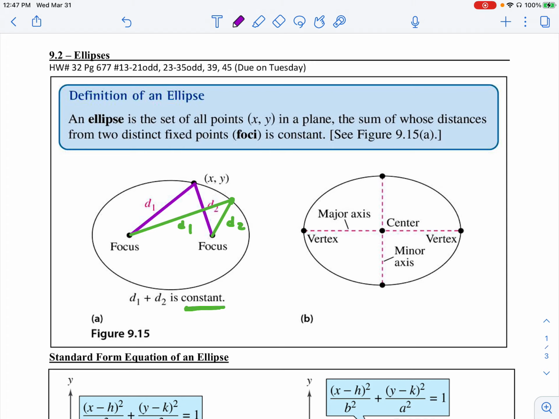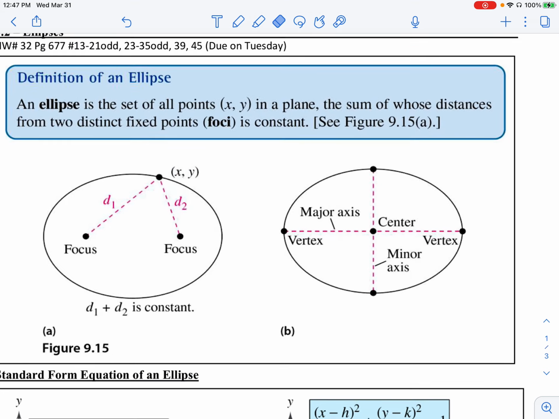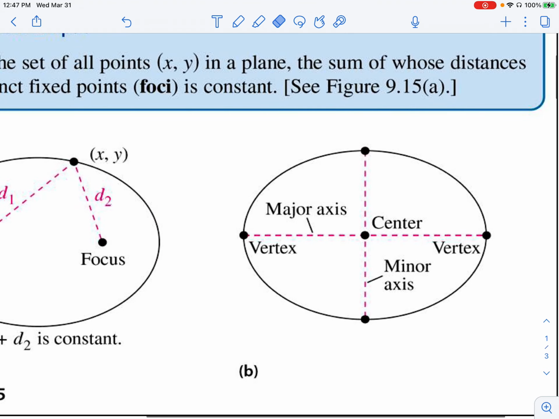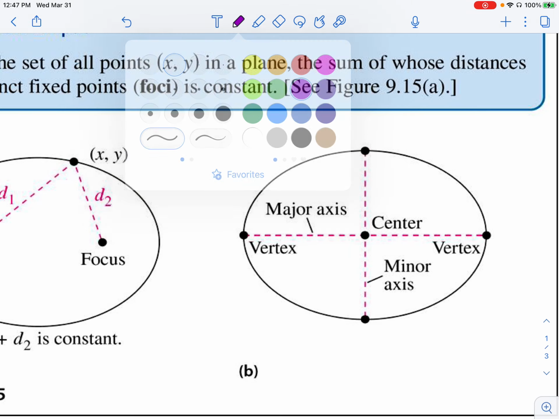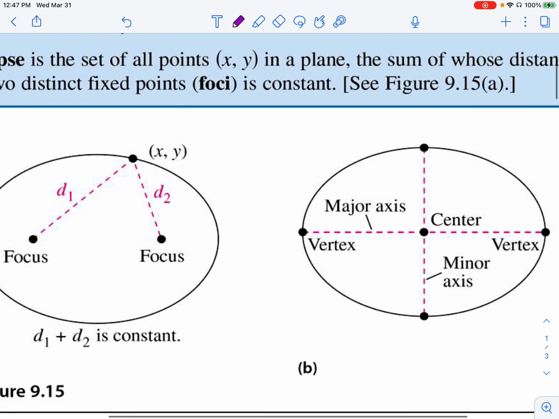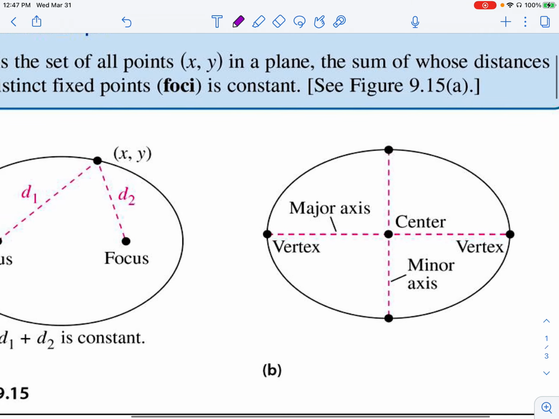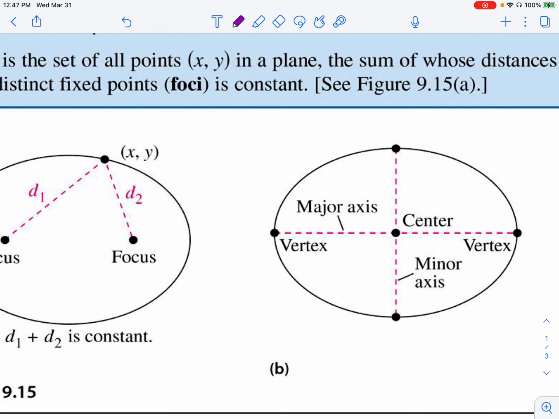So with that in mind, let's break down some of the key components of what an ellipse has. And this is going to be important for us as we start to understand the standard form equations of an ellipse. So on every ellipse, we already know that we have the two foci. The endpoints of an ellipse can be either the vertices or the co-vertices.